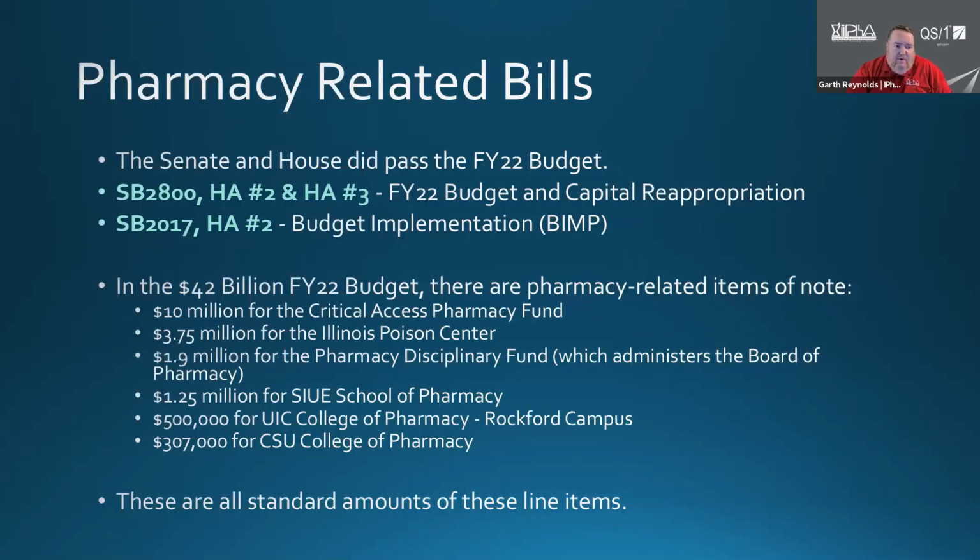But we look at a $42 billion budget. $42 billion should make most of us sick to our stomachs when we think about that. That's the size of our state budget. It wasn't even 5 years ago that we crossed the $30 billion line. So our budget in the state has significantly ballooned in the last decade.